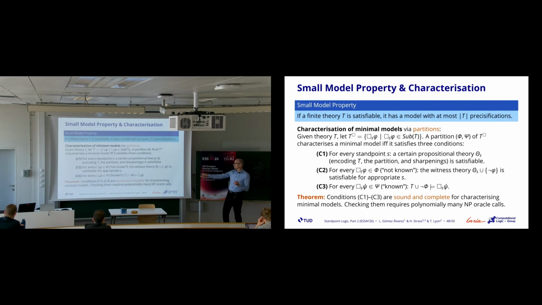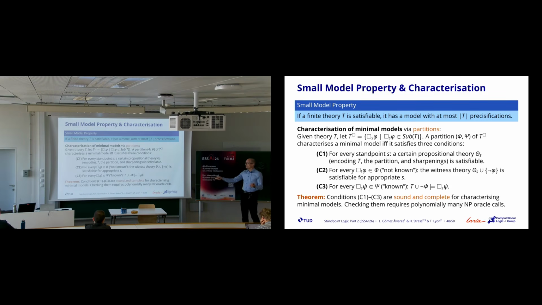Then we have to make sure that for everything that's not known, according to our partition, there's actually a world in the structure that we represent using this partition that witnesses that this is not known. Right?